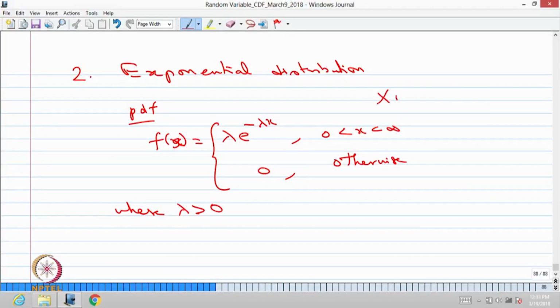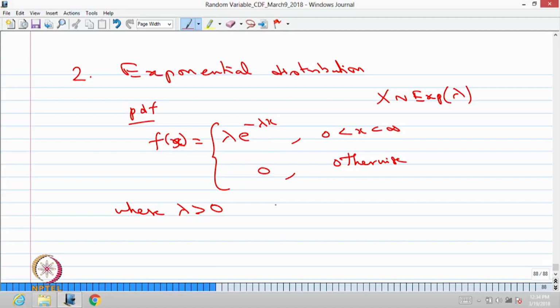If you supply the value of lambda, you know the exponential distribution, therefore lambda is the parameter. So, we can use the notation x follows exp within bracket lambda. Whenever we write exp(lambda), that means that one is an exponential distributed random variable with the parameter lambda.